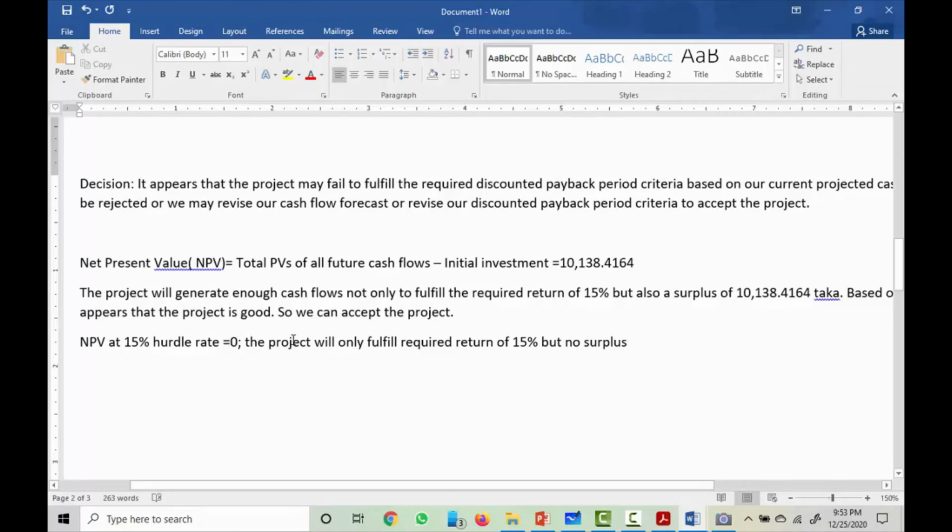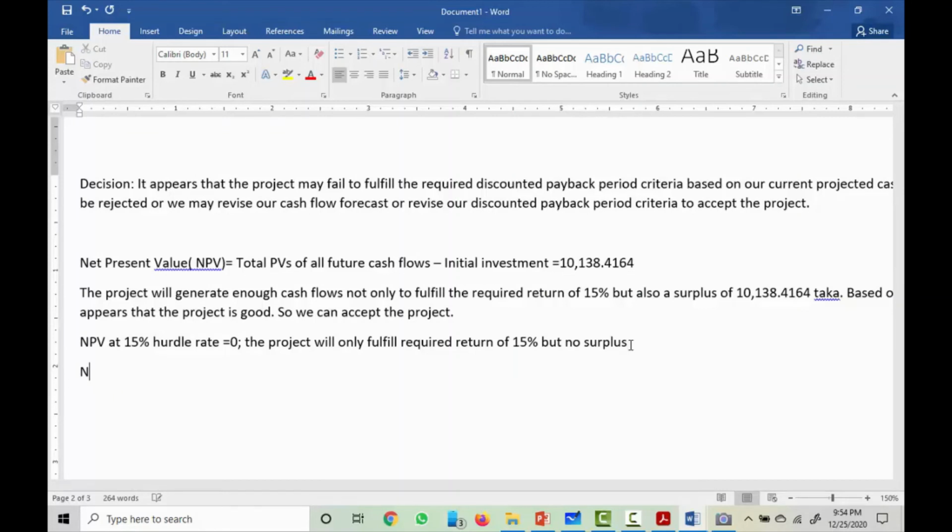So NPV 0 means the project will only fulfill the required return. Here the required return is 15%. So that means the project will only give us 15% return, but no surplus.